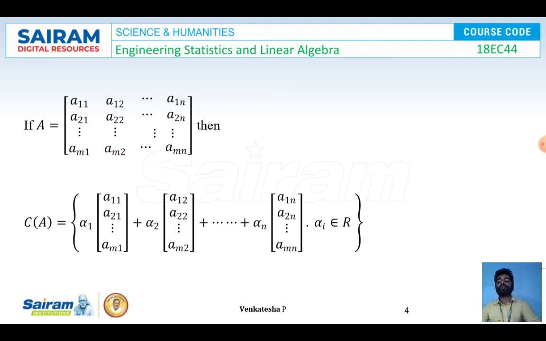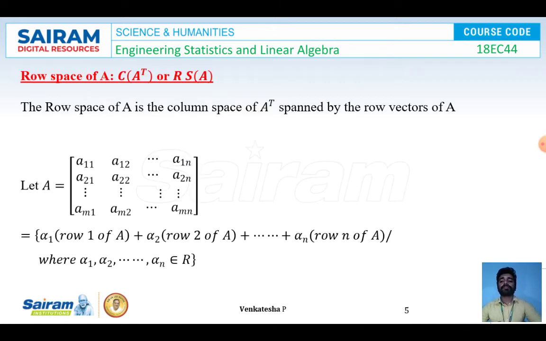Then the column space of A is given by alpha 1 into (A11, A21, and so on AM1), plus alpha 2 into (A12, A22, AM2), plus and so on, plus alpha n into (A1n, A2n, etc. AMN), where alpha i belongs to the real numbers R.